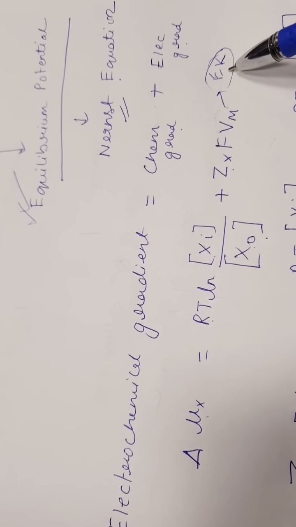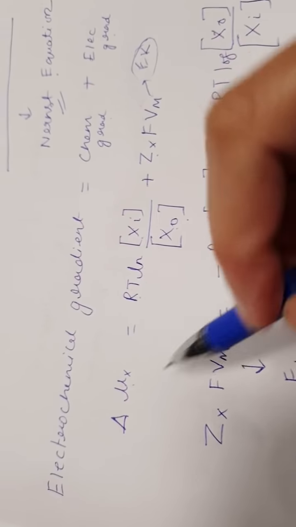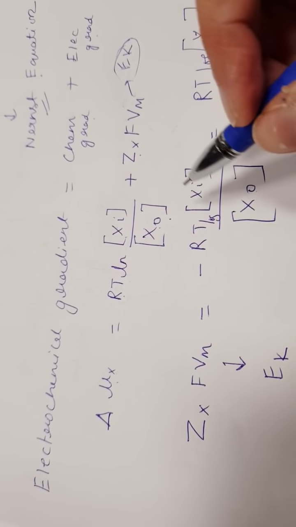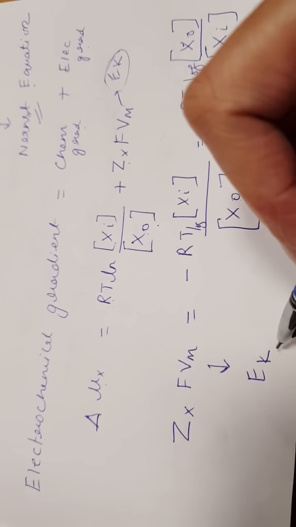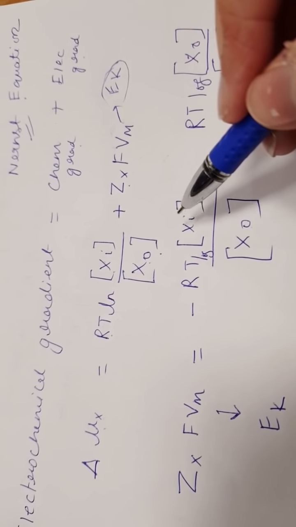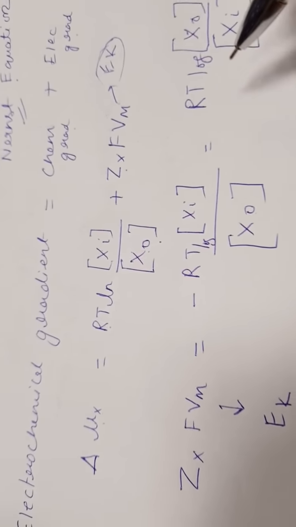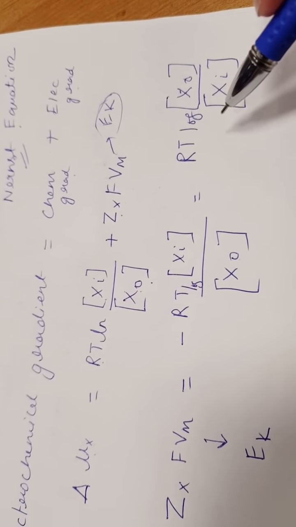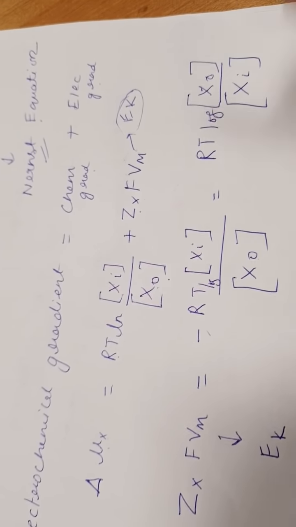Now, what is happening at equilibrium? At equilibrium, delta mu x becomes 0. So we get Zx F Vm, that is F into Ek, equal to minus RT log of concentration inside by concentration outside. So we get Z F into Ek equal to RT log of concentration outside by inside. It is reversed because of the negative sign.